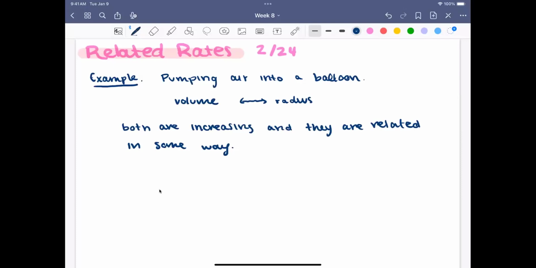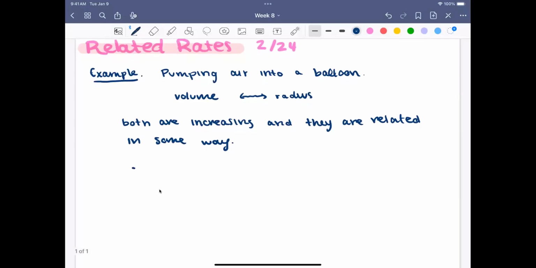So what we will do is find the rate of change of the radius using the rate of change of volume.